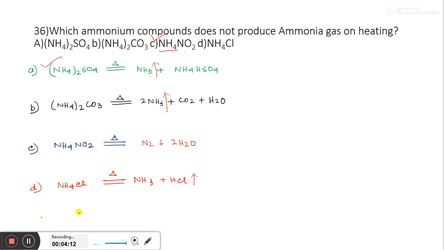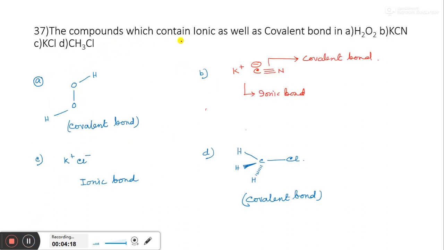The next question of the NTSE 2020 chemistry question paper is: which compound contains ionic as well as covalent bonds? H2O2, KCN, KCl, CH3Cl. We know the structure of H2O2 is HOOH, and here only covalent bonds are present. The OH bonds and the OO bond are covalent in nature.